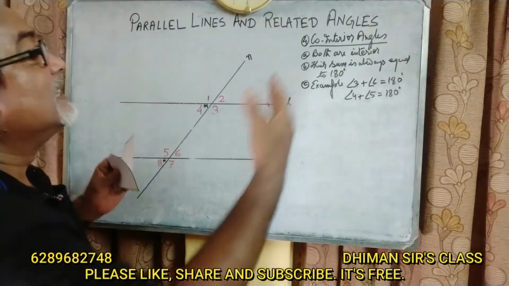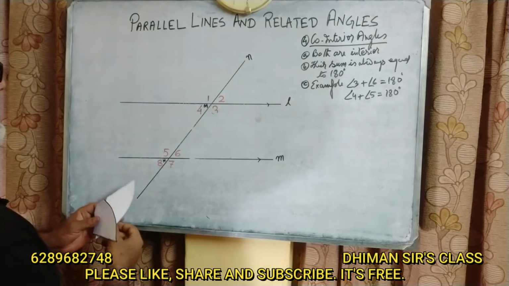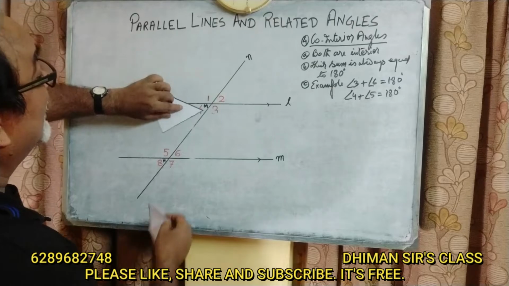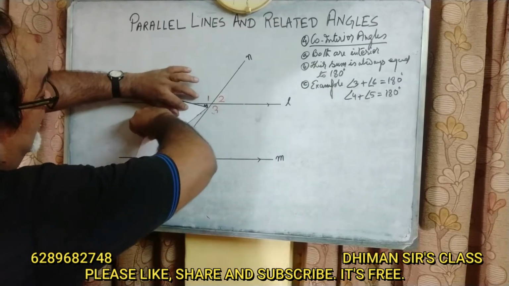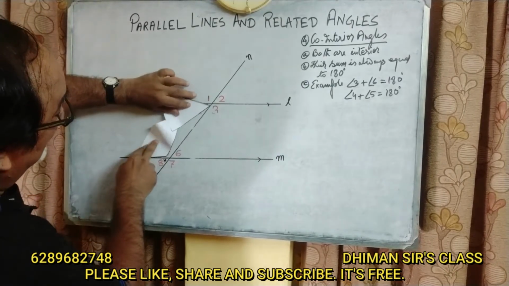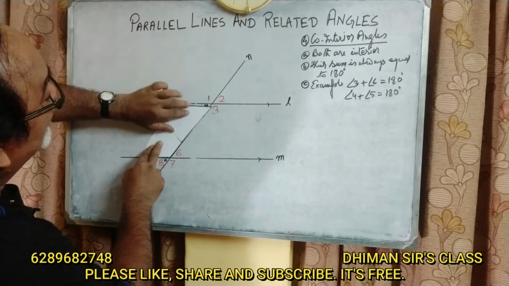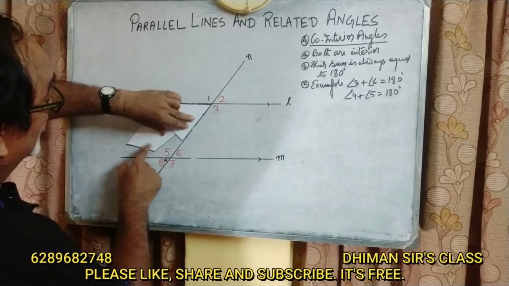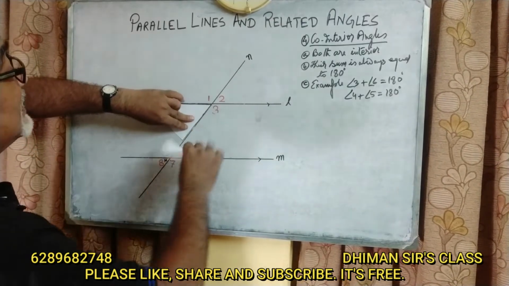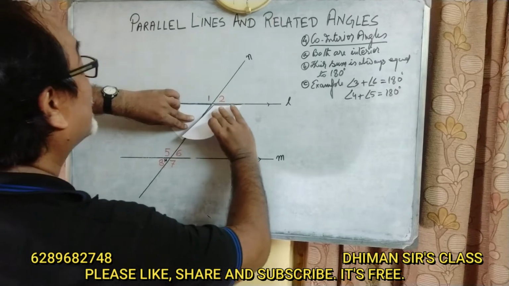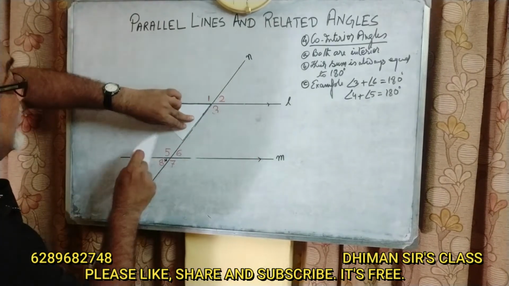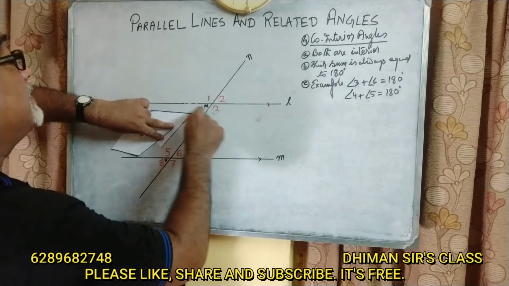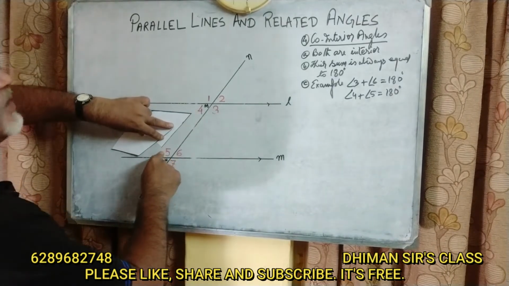Clear students? Same thing, 4 plus 5. If this is 4 and this is 5, so 4 plus 5, isn't it? We know 5 is equal to 3, so instead of keeping this 3, we can keep it here. 3 and 4 lie on the straight line. 3 plus 4 is 180, so 4 plus 5 is also 180.